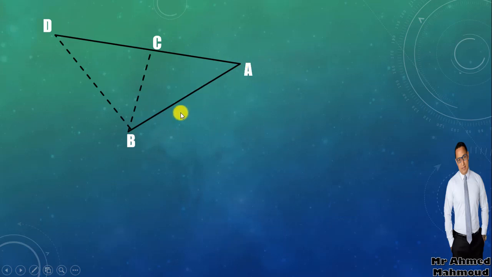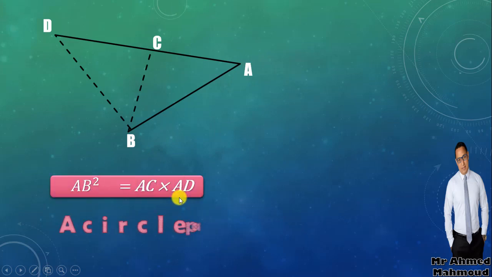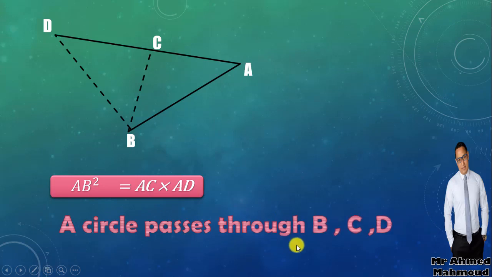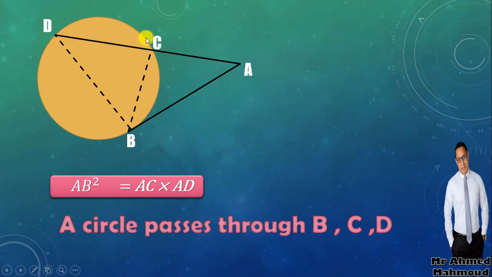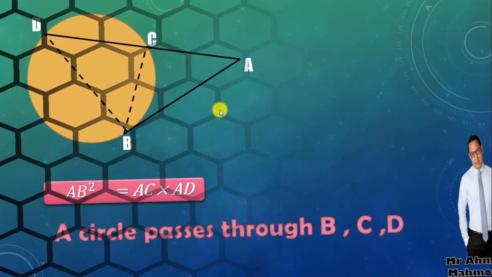Then there is a circle that passes through B, C, and D, and the circle will be like this. And in this case, BCD is called an inscribed triangle. Again, AB power of 2 equals AC times AD.